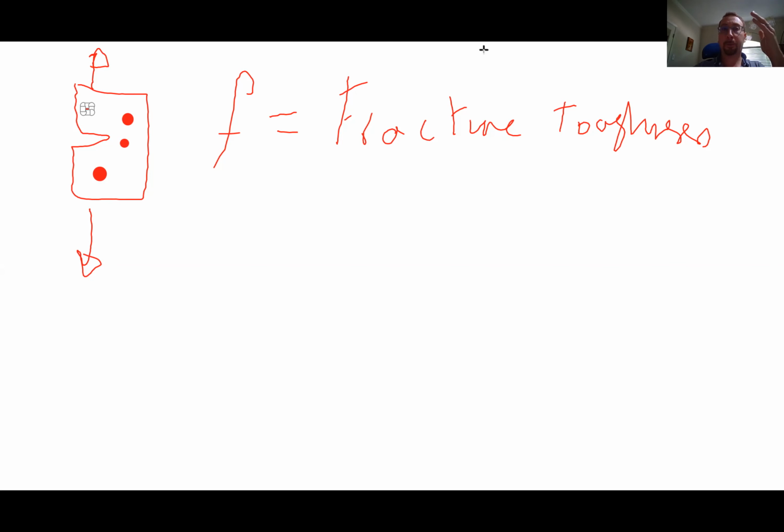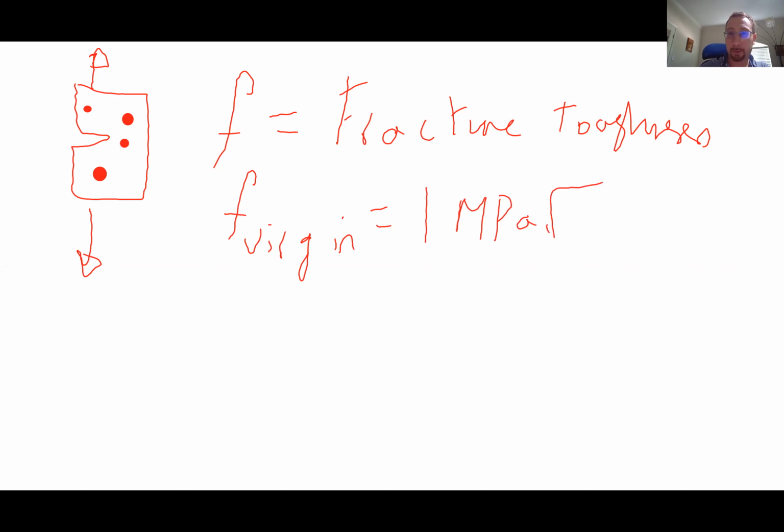So in the first experiment, before any of these were added to the material, in the original virgin material, I measured the fracture toughness, and because there is no healing present, I call it virgin. And let's say the value that I measure is 1, and the unit of that is megapascal square root meter.